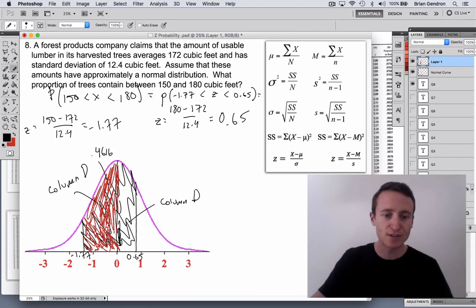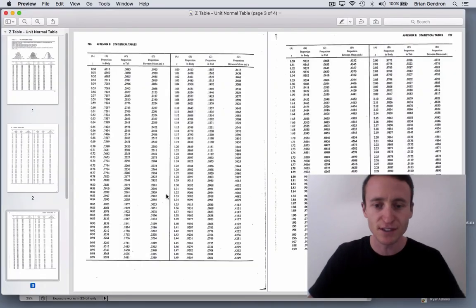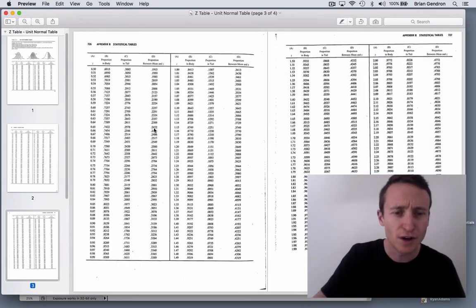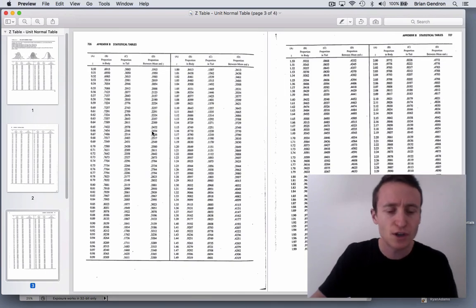This is going to allow us to just identify the proportion between 0.65 and the mean, which is this dark shaded region to the right. So let's go ahead and do that. 0.65. There it is. Scroll over to column D. I see 0.2422.